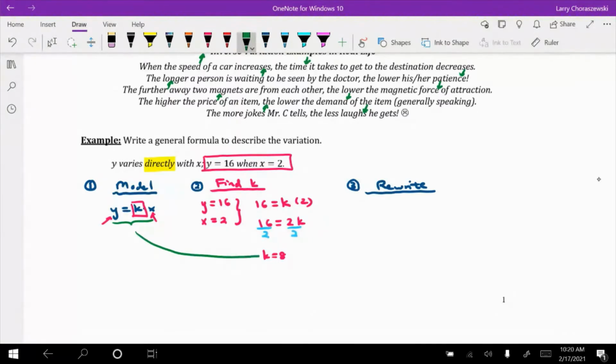Now that we know our value of k is equal to 8, we can write a specific version of this model: y equals 8 times x. Now, does this work? Would we get 16 if x was equal to 2?